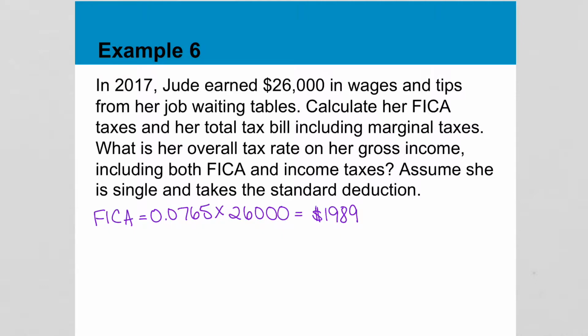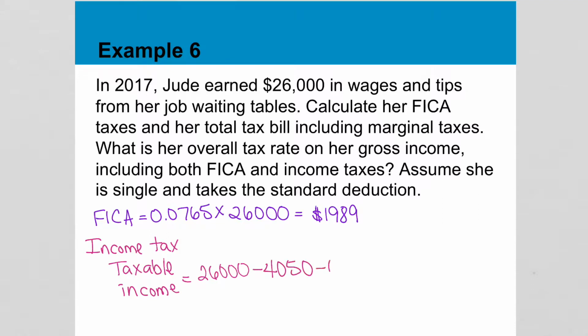Okay, next we need to find her income tax. To do that, we first find her taxable income. Remember? We take $26,000 and deduct off exemptions, you can look back at the table, and deductions. Her taxable income is $15,600.